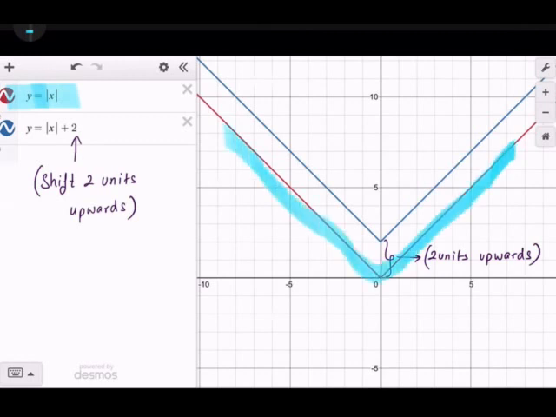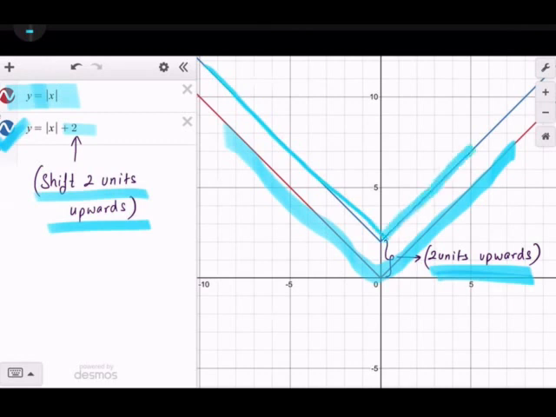Like this. Now if we introduce a value 2 outside the function, not inside, it is outside the function, so it's going to shift 2 units upwards. We can see the 2 unit upward curve, which is represented by the blue one, right? So that is what we also call vertical transformation. It is moving the curve in the vertical direction.